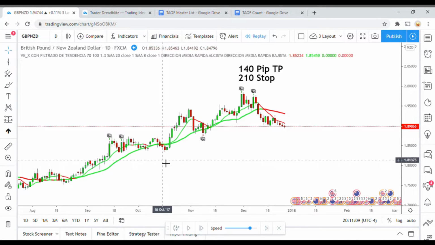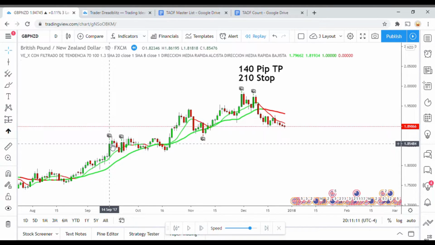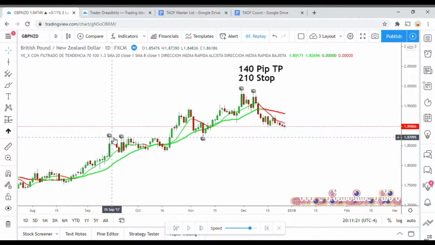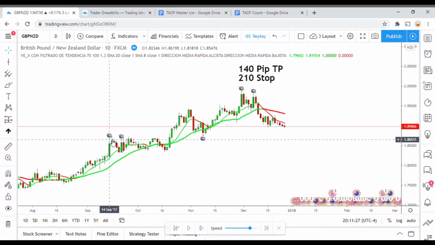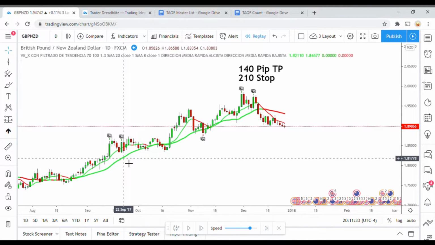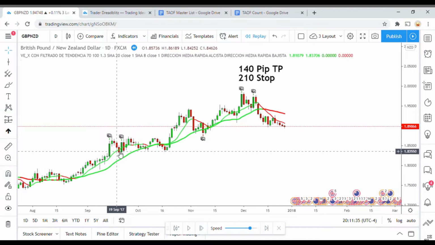And so the creator said that the other way to trade it is to wait for the elephant bar to pull back. So there's the elephant bar itself that takes place, and then you're to wait for the price action to pull back.